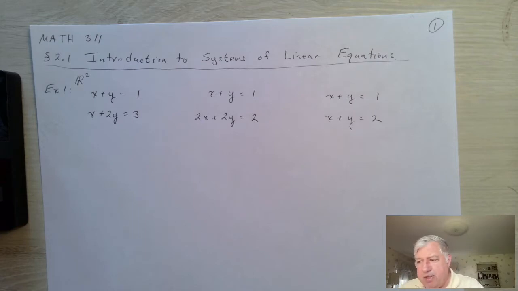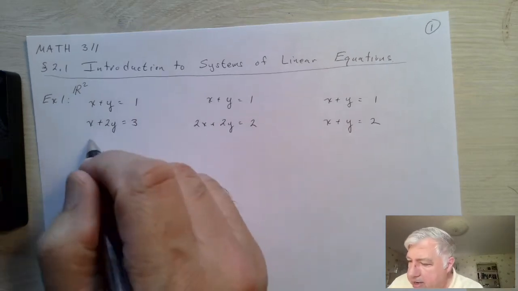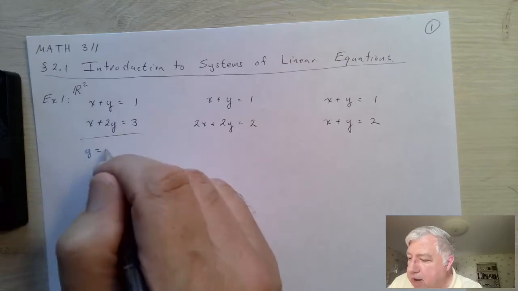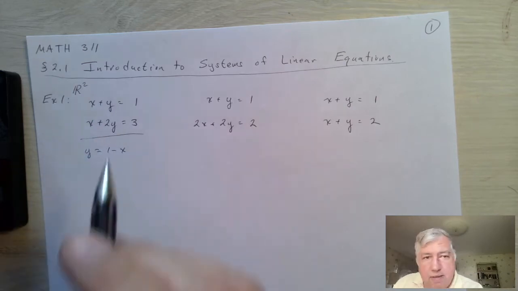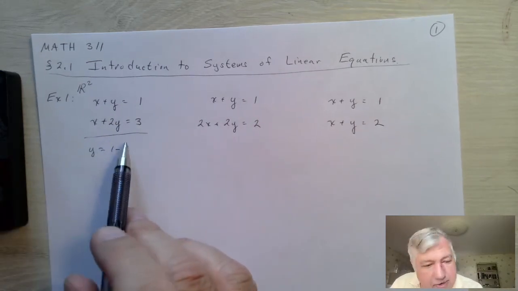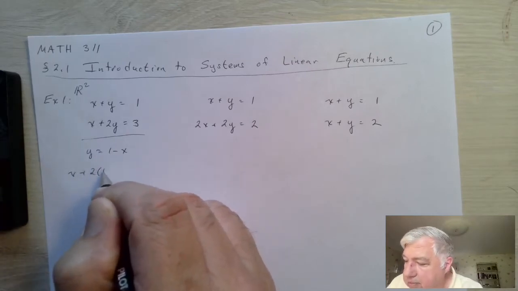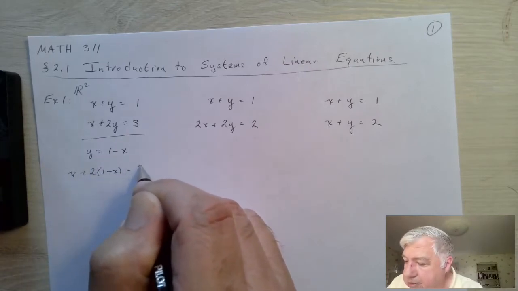We can do something called back substitution, where we write one variable in terms of the other. Like in this case, we could write y. I take this first equation and write y equals 1 minus x, and then substitute that into the next equation, where we would get x plus 2 times 1 minus x equals 3.